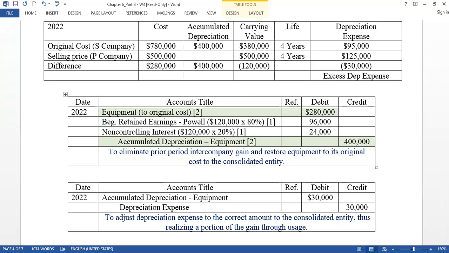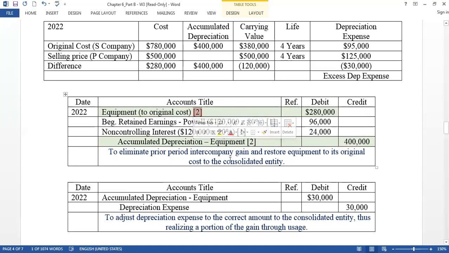We eliminate intercompany gain. And as it is an upstream sale, we have the parent and we have NCI. The parent company shares 80%, and the subsidiary, NCI, shares 20%.